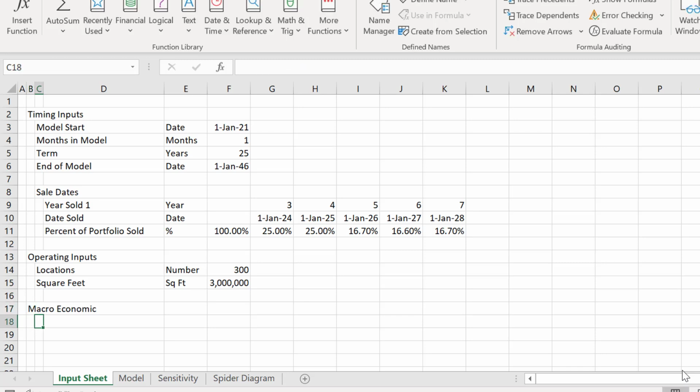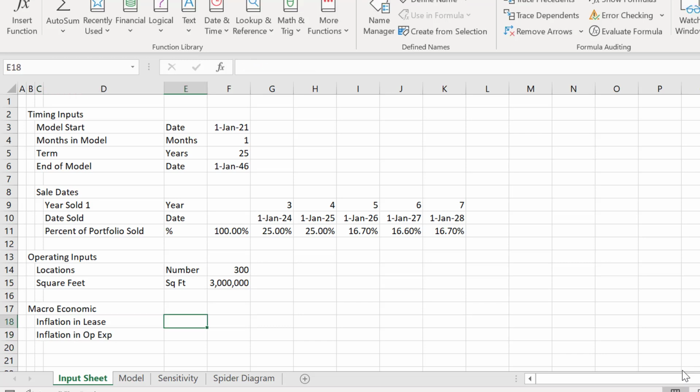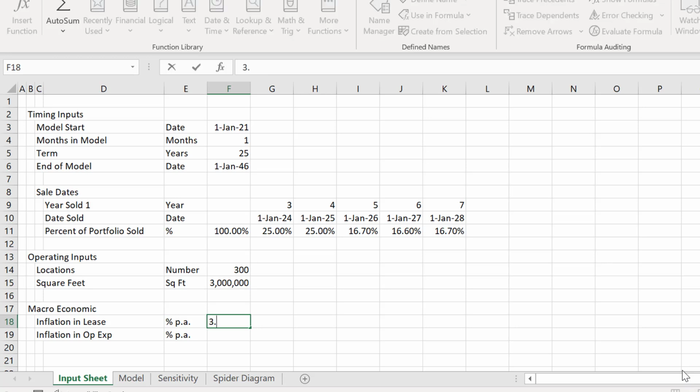Now I'm doing this on purpose because of inflation in lease, inflation in capex. Now, what they assumed, this is such shit, really. Sorry about saying it like that, but they assume 3.5% and 3%.